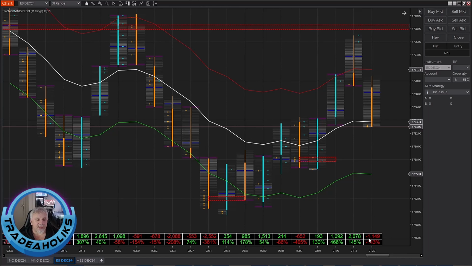So if that's over 600 negative delta, okay, that candle will usually finish red. If you get a positive 600 delta, that candle will, most of the time, 80% of the time, not always, nothing's 100%, end up printing green, okay?